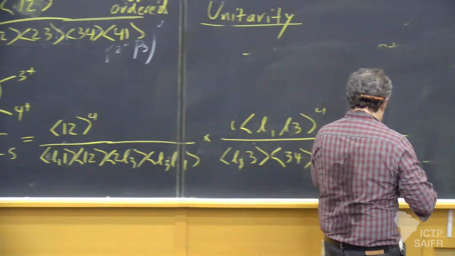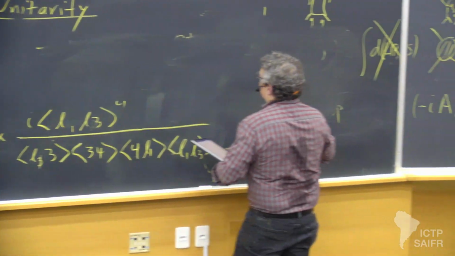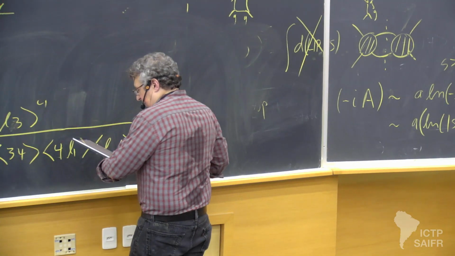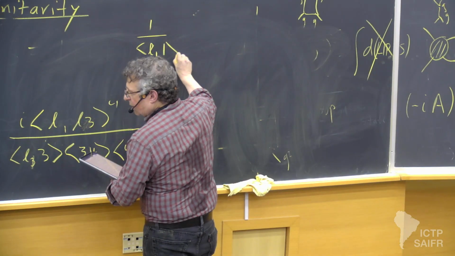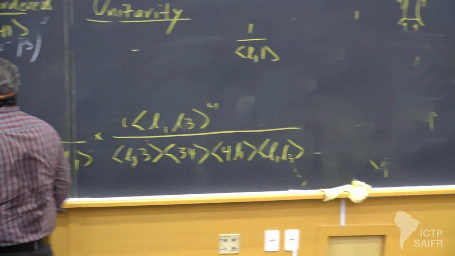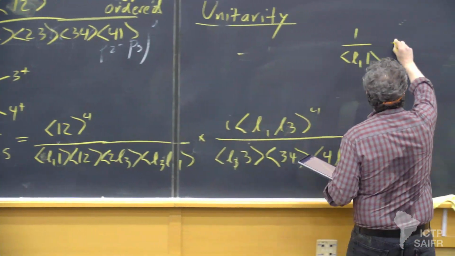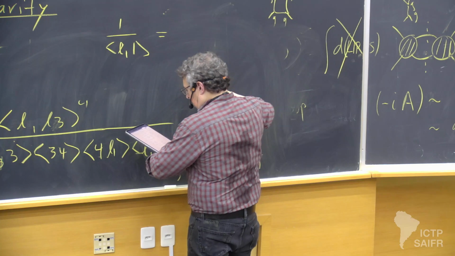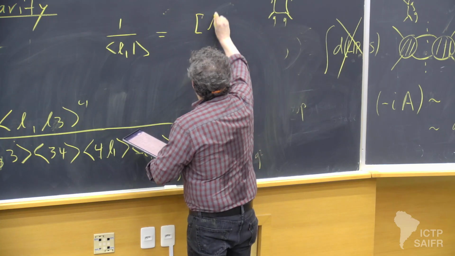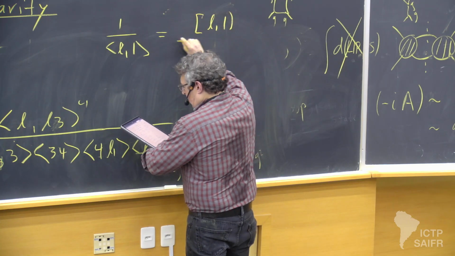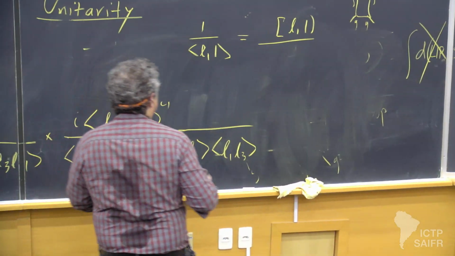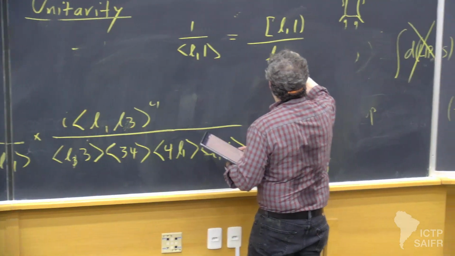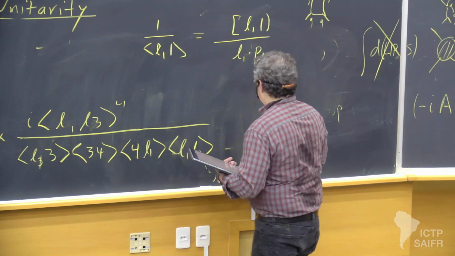And of course, the answer to that is, what we do is, for example, L11, this guy, we write it like this. L11 divided by L1 dot P1.